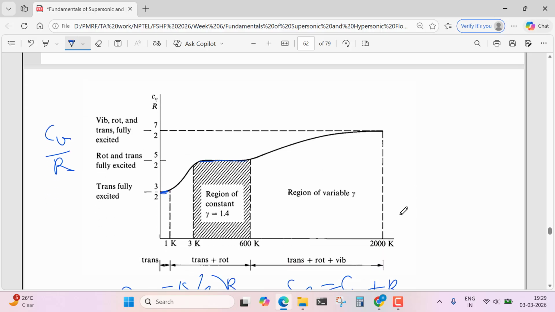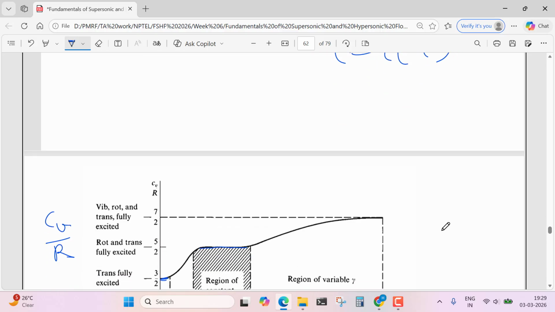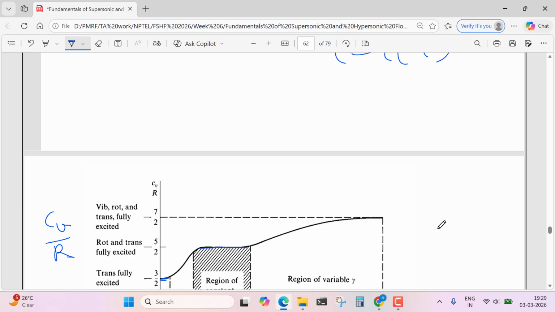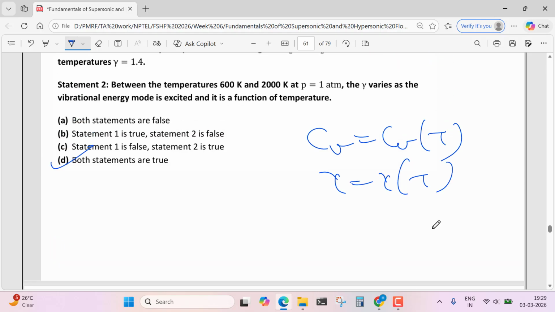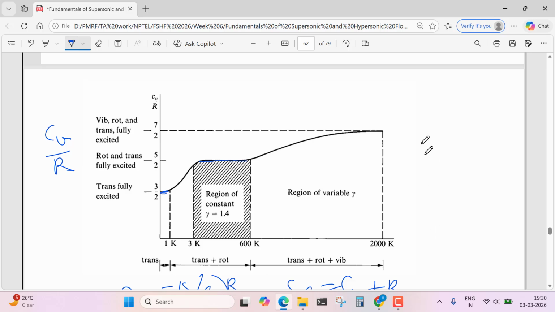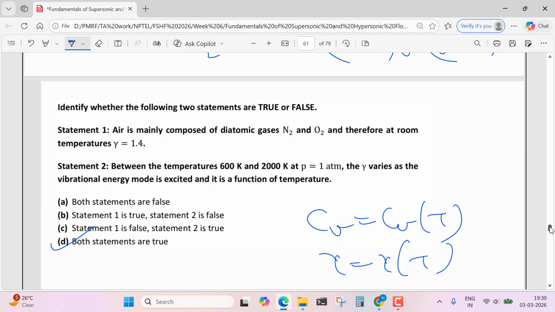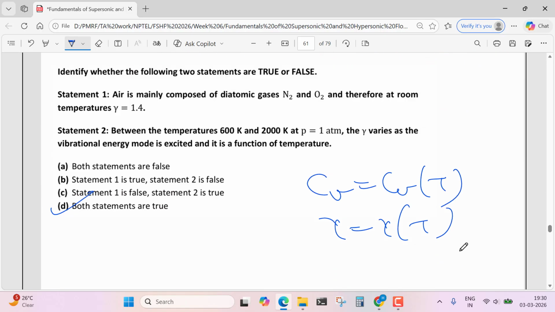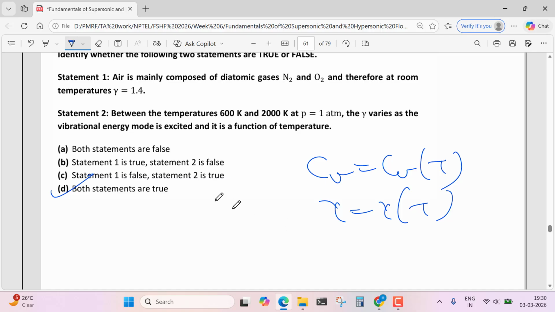The combination of these two gives 5 by 2 R for CV, from the previous formula, and CP will be CV plus R, so it will be 7 by 2 R. So the ratio of CP and CV will be 1.4.